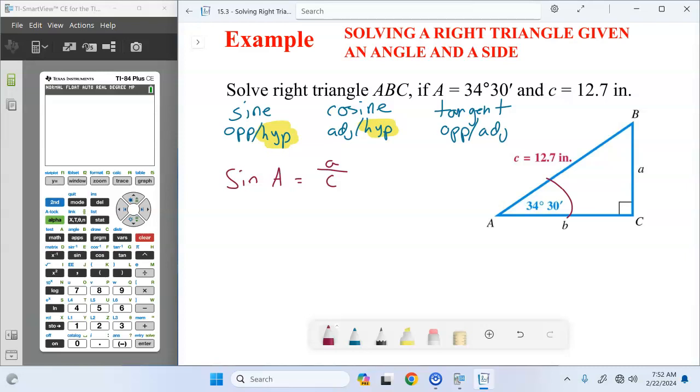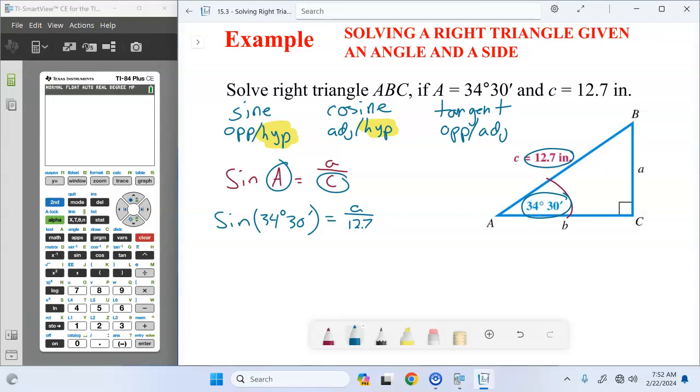We have to know 2 of these 3 values in order to solve. I know angle A is 34 degrees and 30 minutes, and I know that side C is 12.7 inches. So we plug those into our equation: the sine of 34 degrees and 30 minutes equals the length of side A divided by the length of side C, which is 12.7.